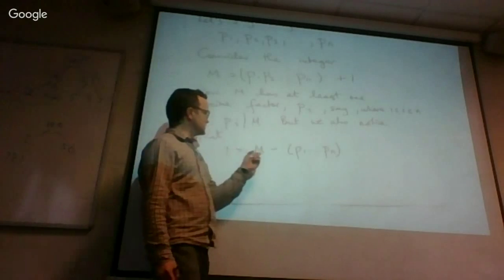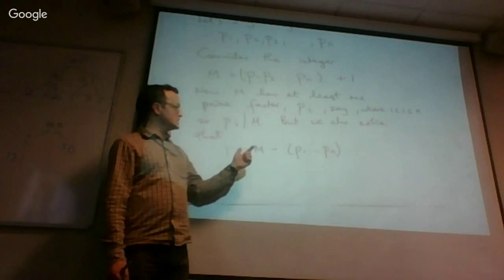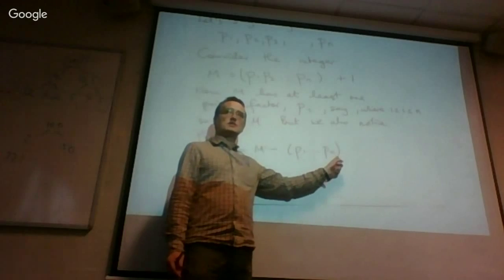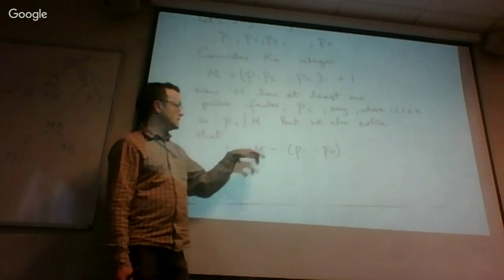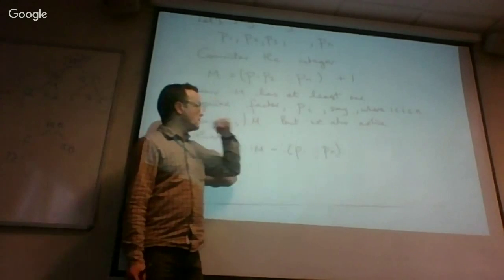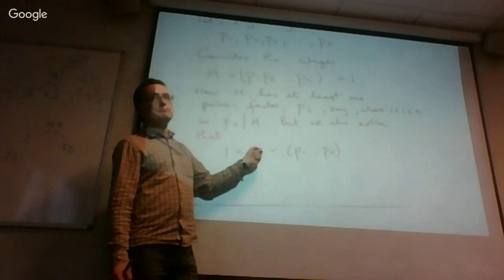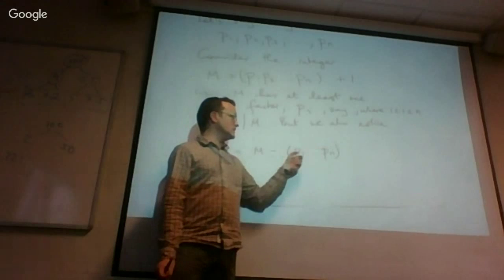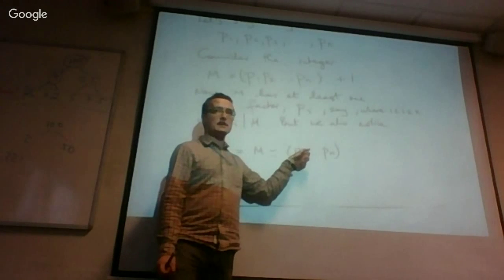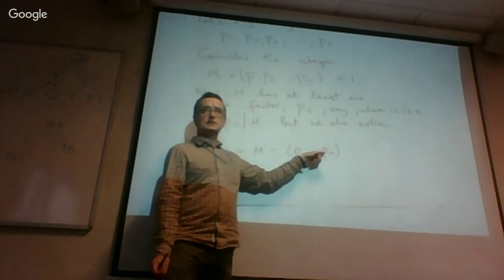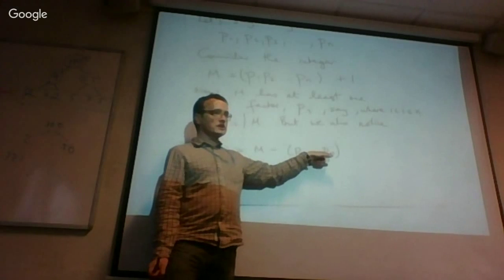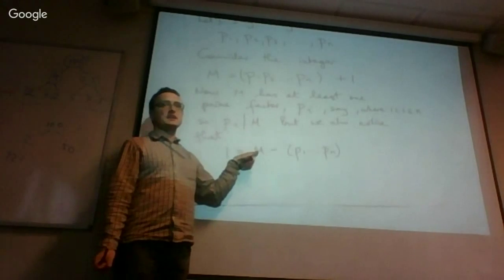This is a way to express 1 as a linear combination of N and this product of prime numbers. It's N minus this product. But Pi divides N, and Pi certainly divides this product because it's one of the factors along the way, isn't it? Pi is one of the factors here.